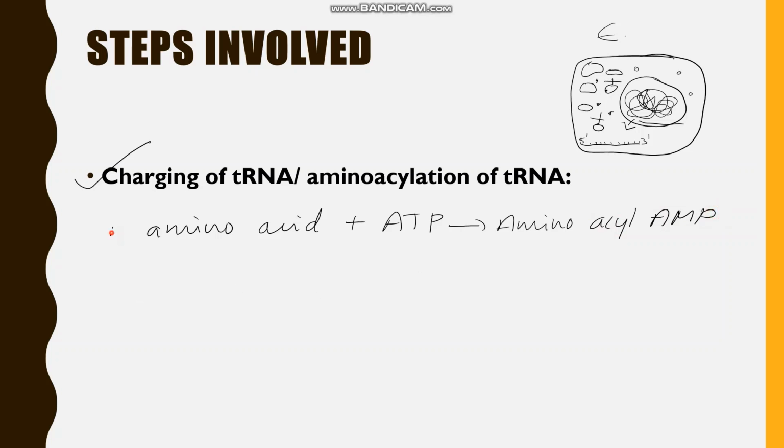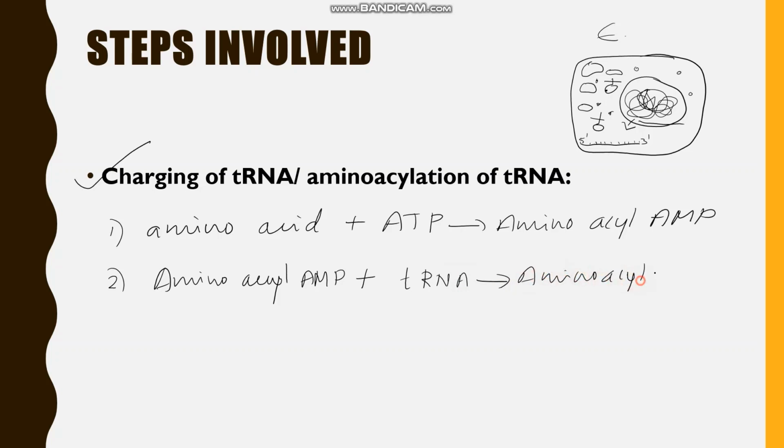So this is the first step. In the second step, the aminoacyl AMP, that is the charged amino acid, reacts with the tRNA that acts as a molecular vehicle, and it leads to the formation of aminoacyl tRNA.